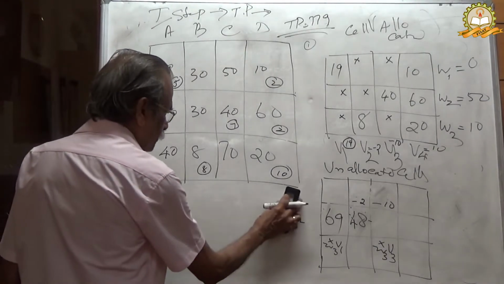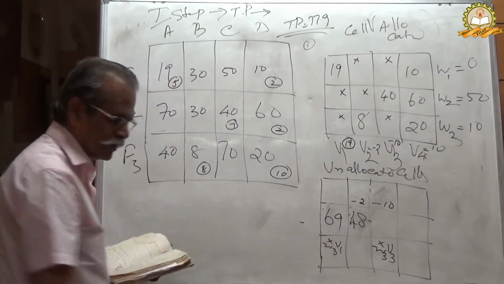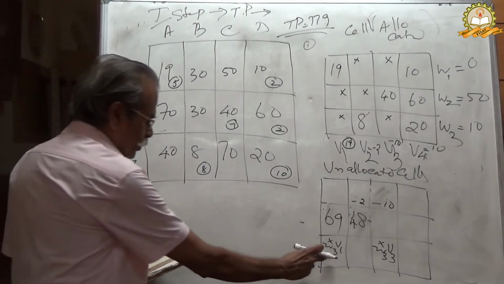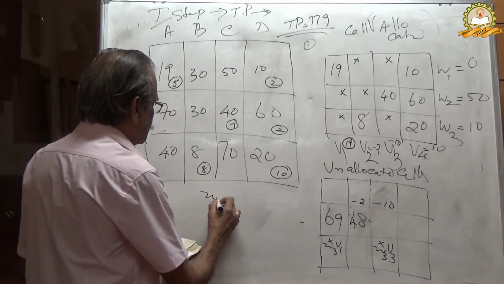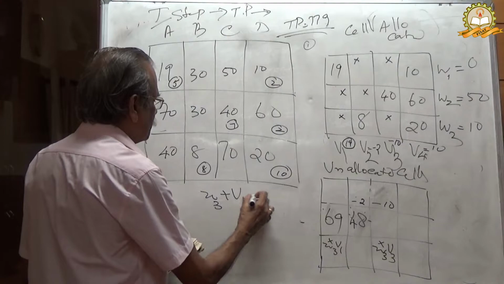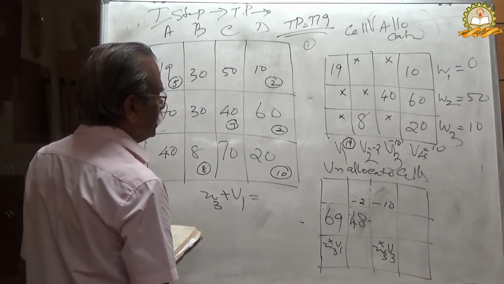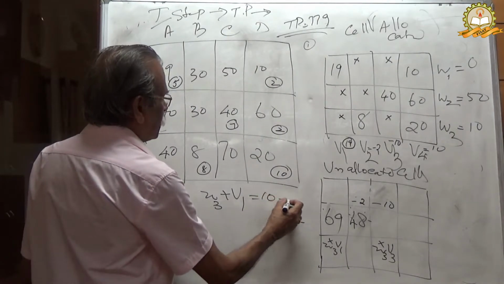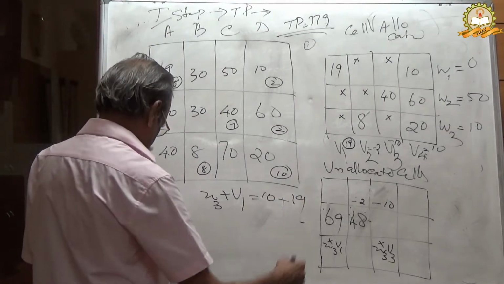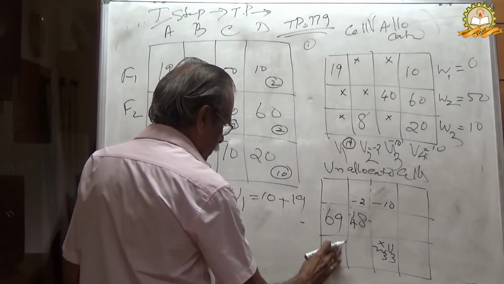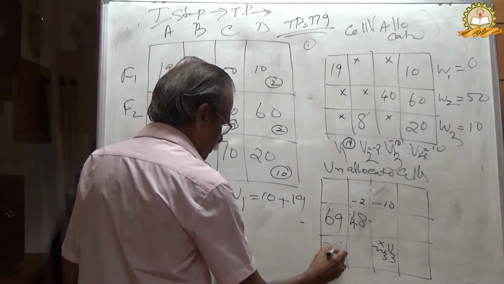Then here U3V1: U3 equals 10 plus V1 equals 19, therefore you have 29.